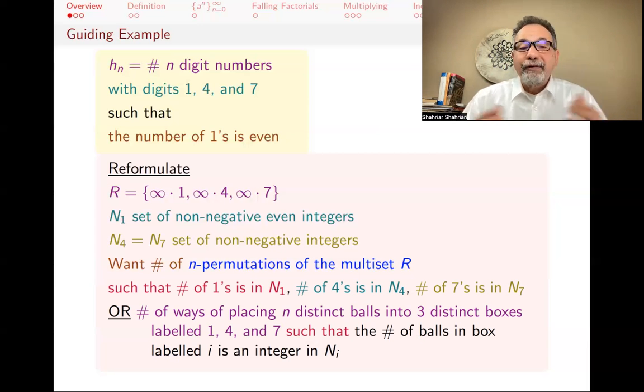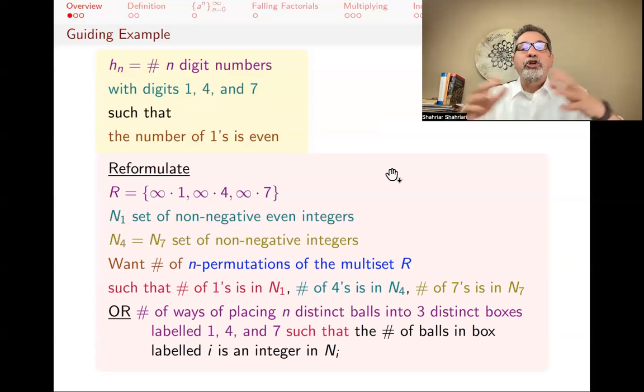And so whenever you have an n-permutation of a multiset, you have a placement of distinct balls in distinct boxes, and vice versa. If you have a placement of distinct balls in distinct boxes, you have an n-permutation of your multiset. And when we have this condition that says the number of balls in a certain box has to be from this set, then we are restricting them just like we were restricting those n-permutations in the original problem that we had.